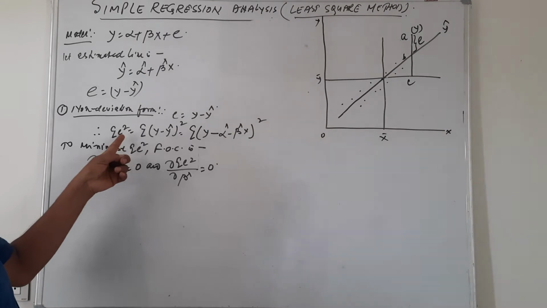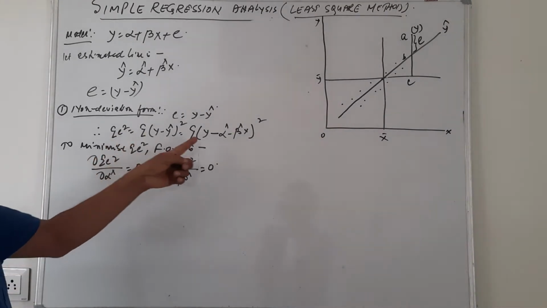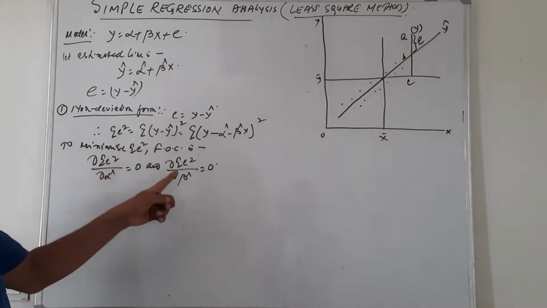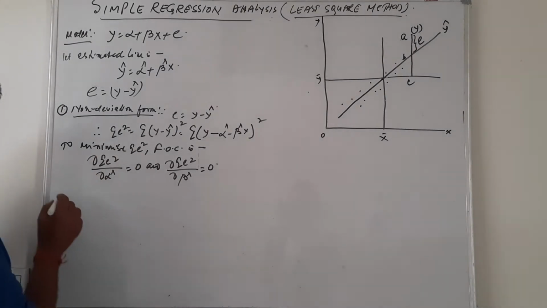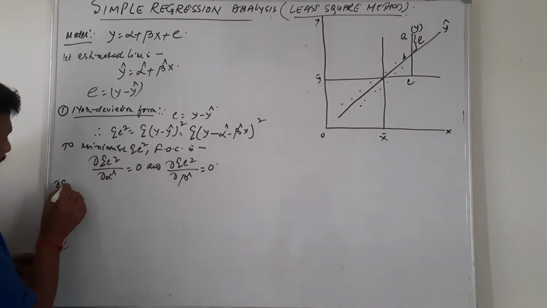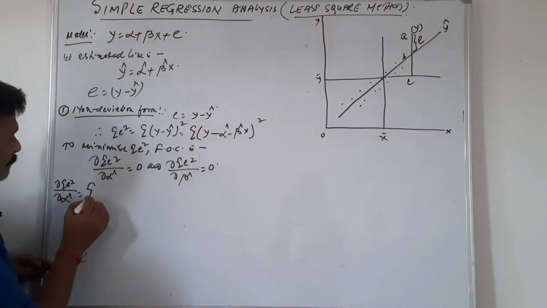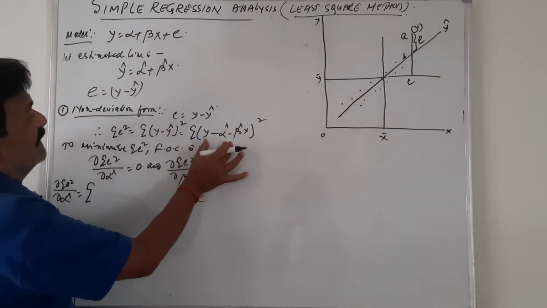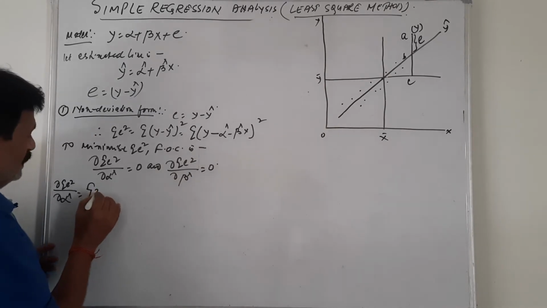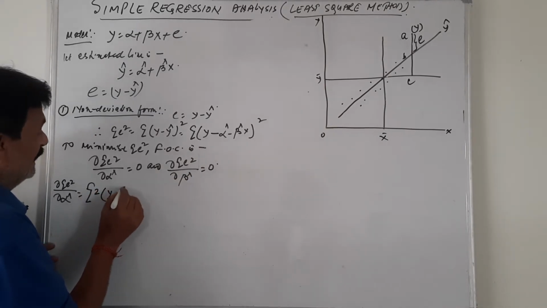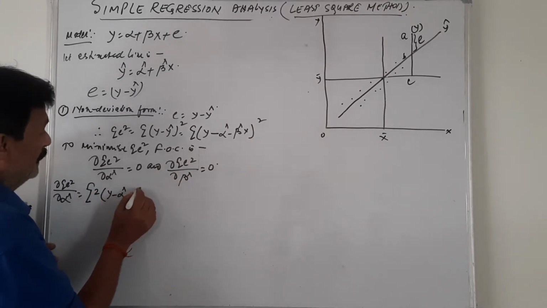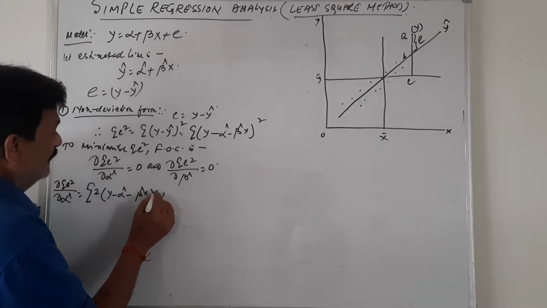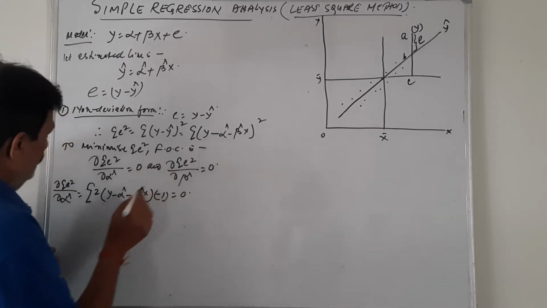First of all, summation E square is differentiated with respect to alpha cap and then with respect to beta cap. So delta summation E square by delta alpha cap is summation 2(y minus alpha cap minus beta cap x)(minus 1) equals 0.